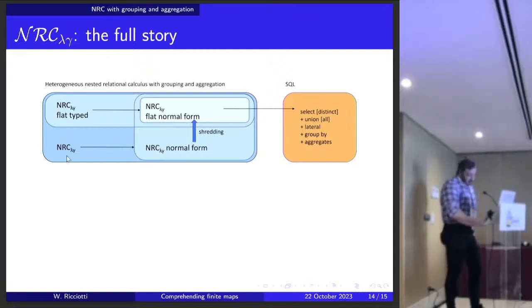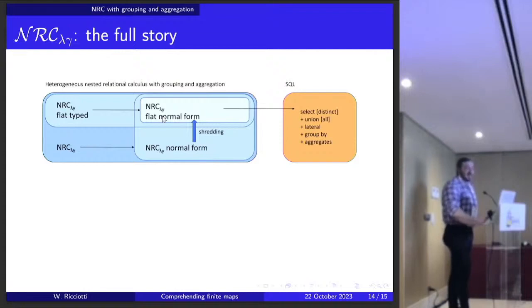But the paper also shows that when you're in the nested case, you actually can extend the shredding algorithm to work with finite maps as well, which is great. It was unexpected and a low-hanging fruit.